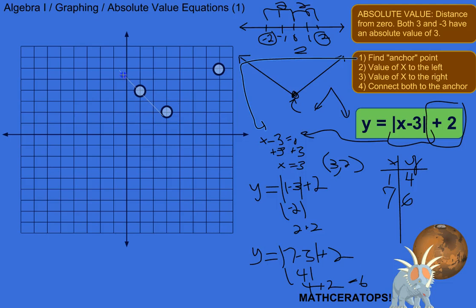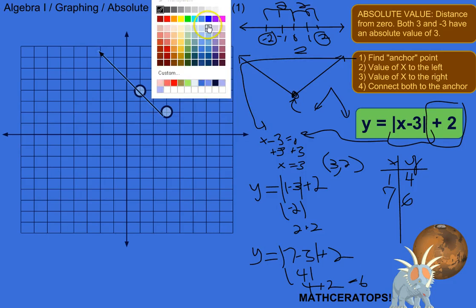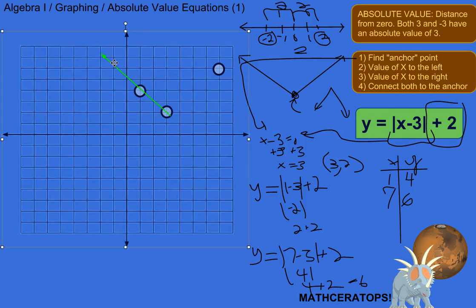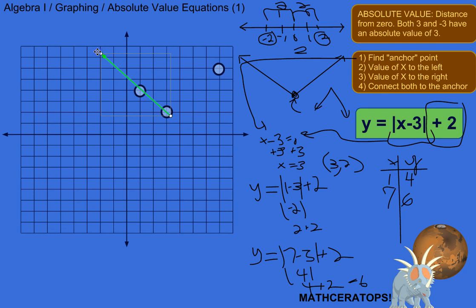Now we start with the anchor point, and we connect it to the point to the left. Let me make this green. That didn't quite line up with my points. There we go. You can probably do this better on your piece of paper. My points are too big, that's the problem. Kind of looks silly. Okay, something like that.